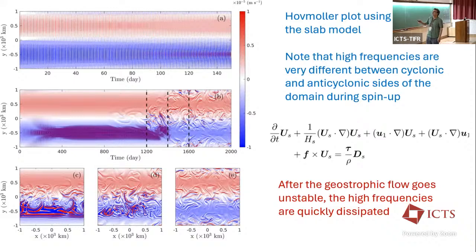But you see that something's happening, and what's happening is different on the anticyclonic side than on the cyclonic side. This is going from 1 to 150 days or so, and this is going from 0 to 2,000 days. And so you keep seeing this strong asymmetry between what's happening on the cyclonic and anticyclonic sides.